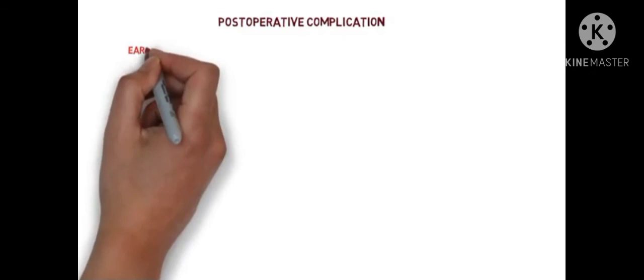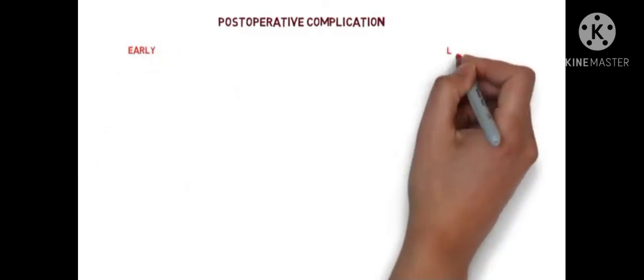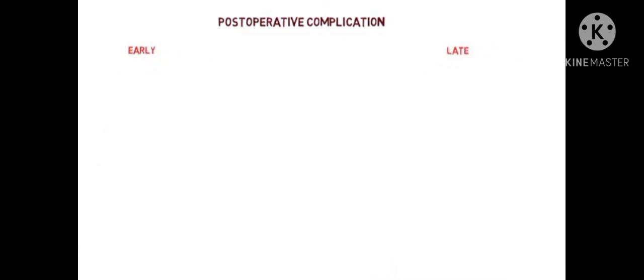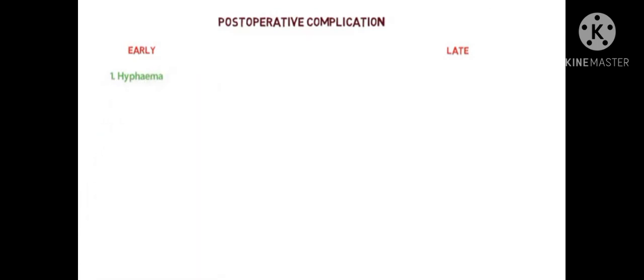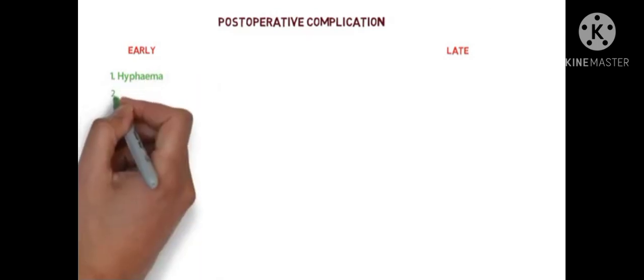Now we have post-operative complications, and there can be early post-operative complications, or there might be late post-operative complications. In early post-operative complications, there may be hyphema, that is collection of blood in the anterior chamber.